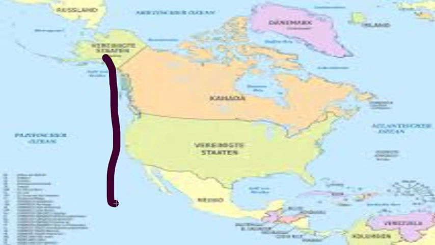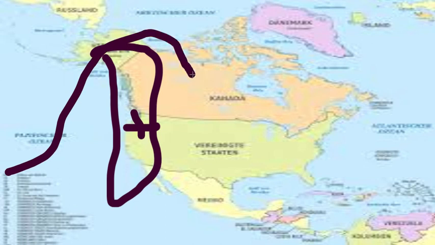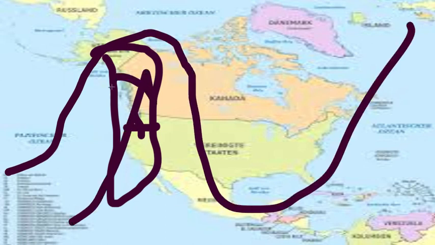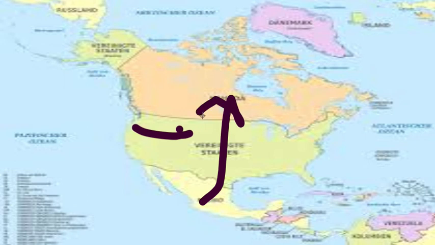If this were a positive PNA, it will do the opposite: a wedge in the west and a trough in the east, bringing cool air to the central and eastern part of the US. If there's any type of change in the PNA, and that happens sometimes, it can bring some extreme severe weather across the central and eastern United States. A negative PNA will bring in some warm air, and a positive PNA will bring some cold air and then possibly snow. So that's what PNA is.